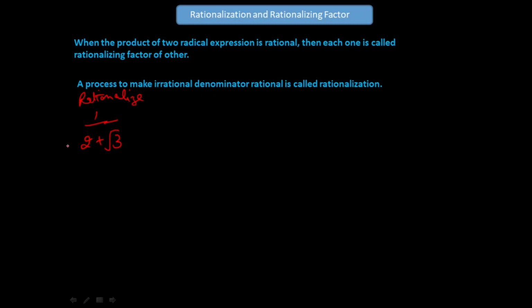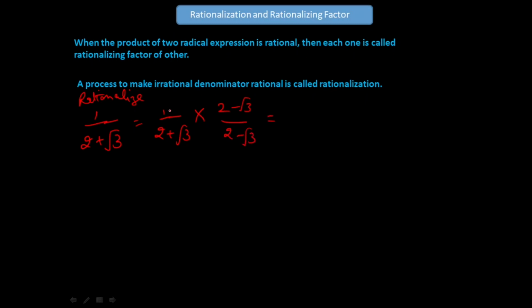So how do we rationalize? I already told you what rationalization is: to convert an irrational denominator to a rational denominator. So what is the method? The method is to multiply and divide by the same number, the rationalizing factor. And what is that? If this is positive, that will be negative.